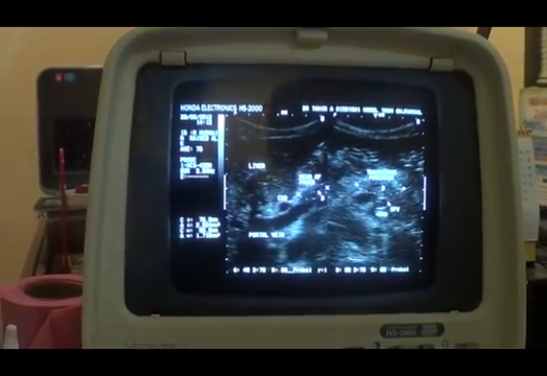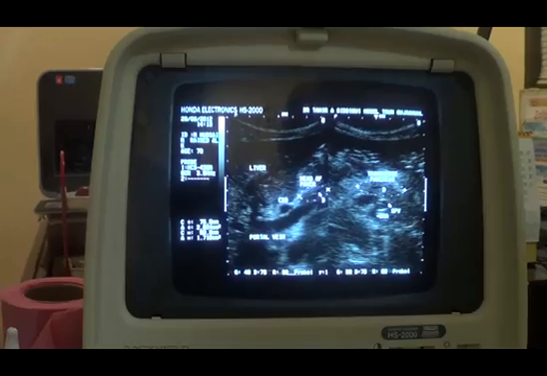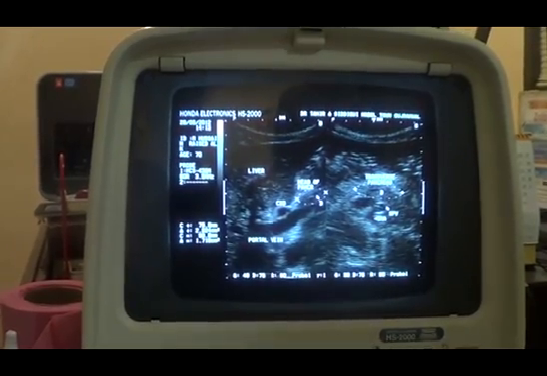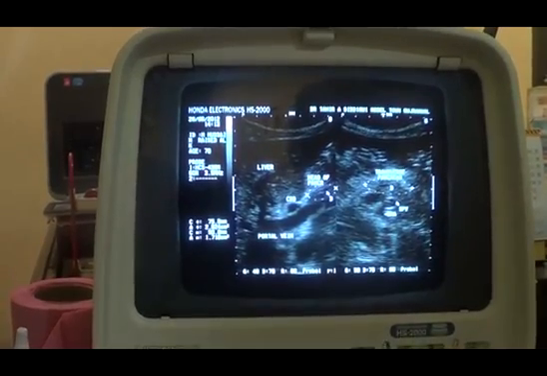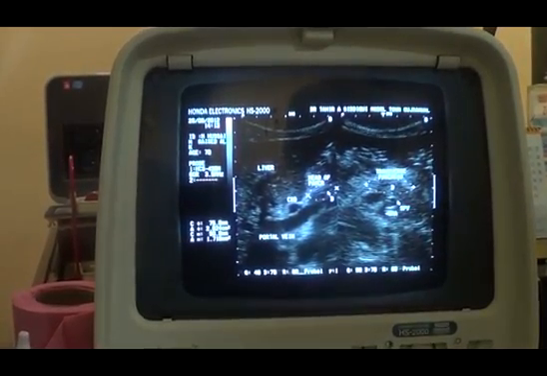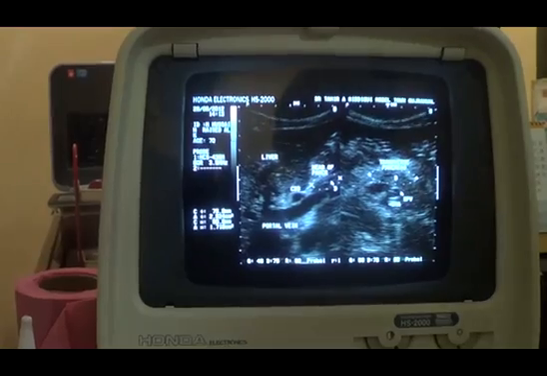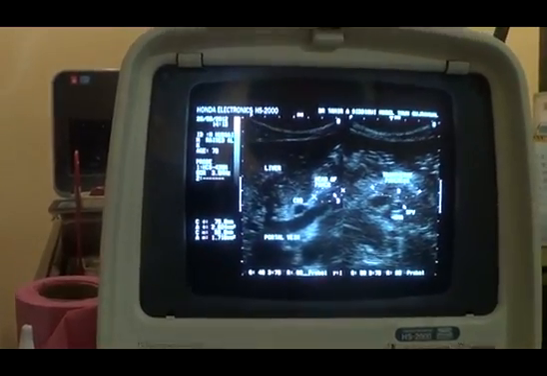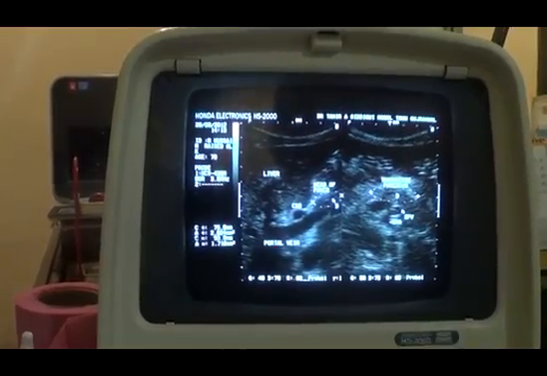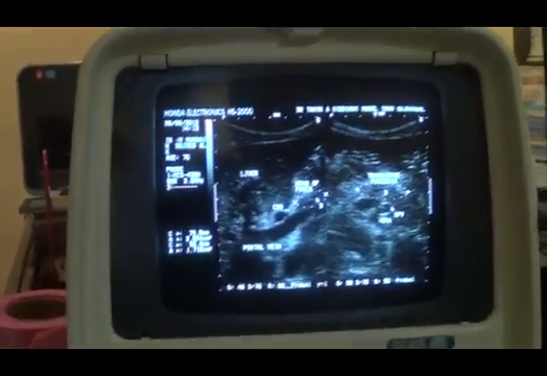There is no evidence of pancreatitis, no focal mass lesion. The dimensions are normal and the echogenicity is normal. The duct is not dilated. So pancreas is normal. This rules out any pancreatic pathology as a cause of the lab findings and the patient's clinical picture.